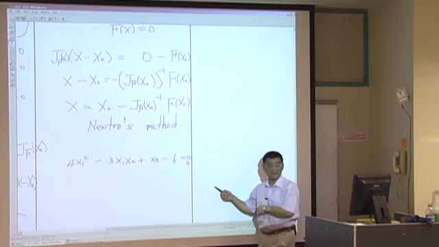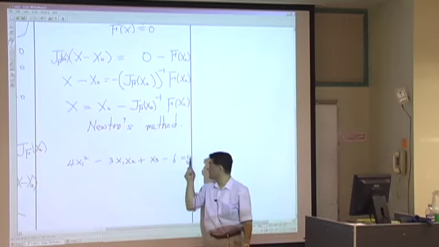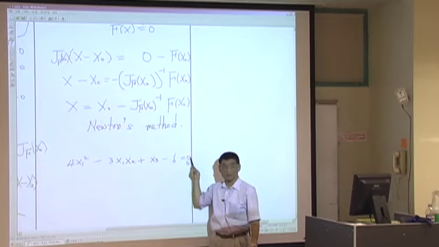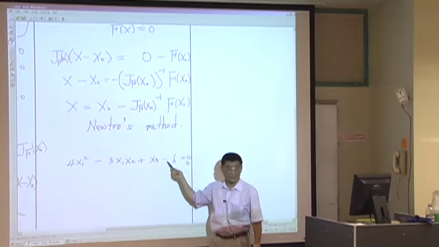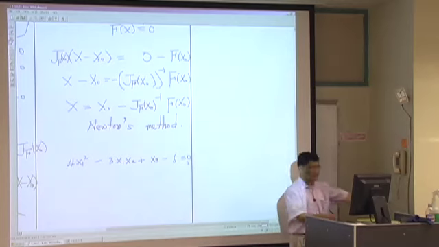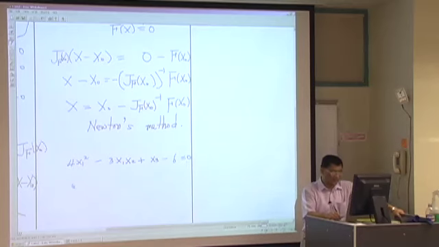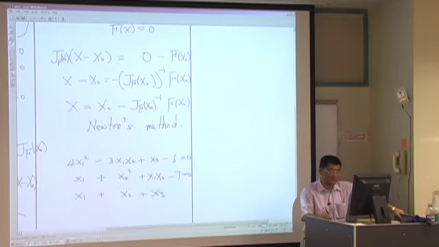So I write it this way. Do you follow me? I create an equality with 0. It's possible to write 6 here, but as I mentioned, it's good to use 0 on the right-hand side. Similarly, we can create a system: x1 squared plus x2 squared plus x1 x3 minus 7 equals 0, and then x1 plus x2 plus x3 squared minus 10 equals 0.